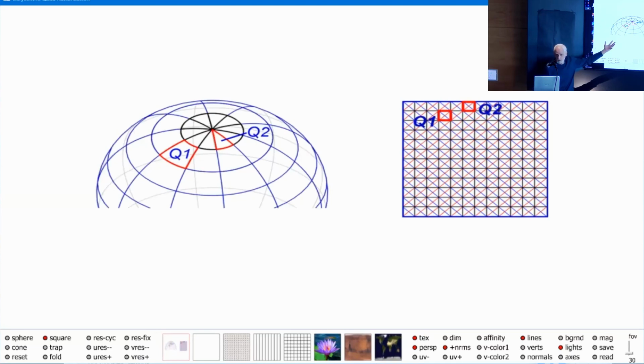The shape of these quadrilaterals changes as we move to the pole, but the parameterization doesn't change. So inherently, we are going to have a problem maintaining any sort of affine transformation. And that implies that there can be serious discontinuities when we texture map a sphere.